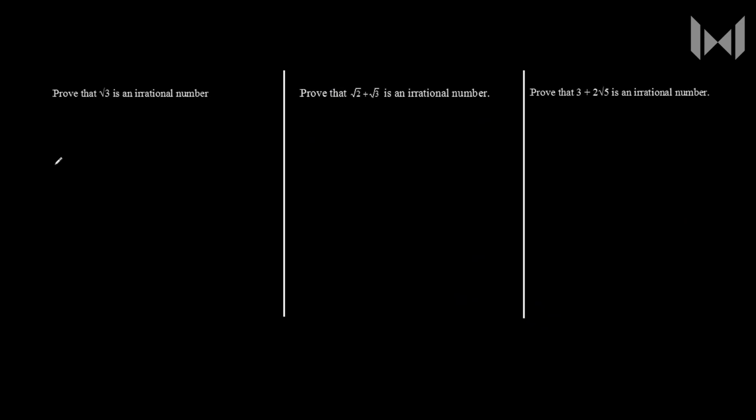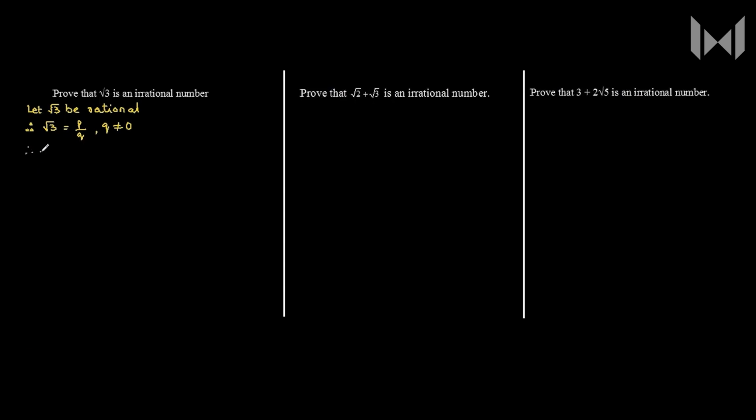Now we need to prove that root 3 is an irrational number. So once again we start the way we did for root 2. Let root 3 be rational. Therefore root 3 we consider as p upon q, where of course q is not equal to 0.